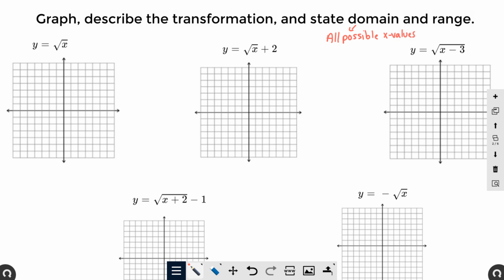If you're looking at a graph, you can think about how far the graph goes in the x direction. So which way does the x-axis go? Yep, it goes left to right, kind of horizontally. So you're looking at how far the graph goes left and right.